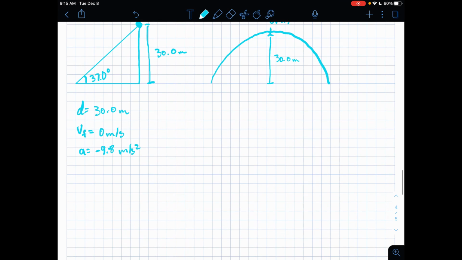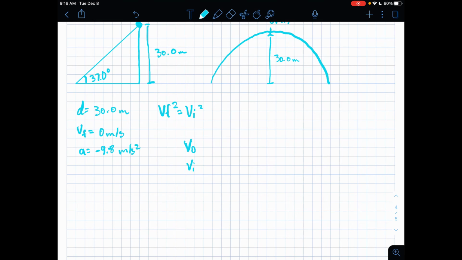So with this, you can find the initial velocity in the equation Vf squared is equal to V naught squared. And you may have noticed that I sometimes write the initial velocity as a V0 or a Vi.